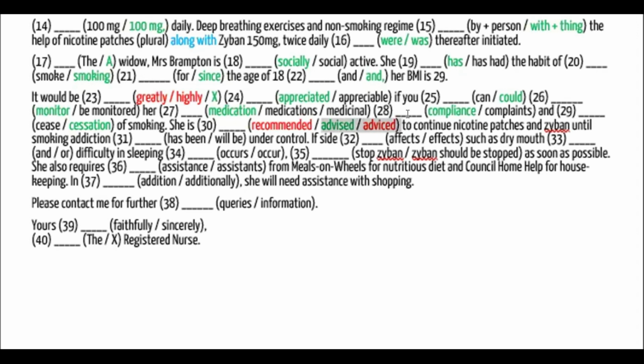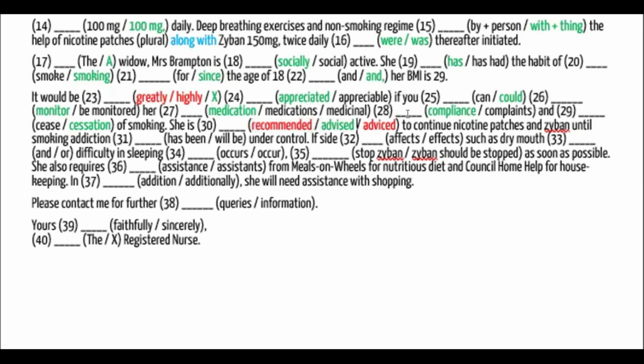And we can never say she is recommended. How can you recommend a person here? Recommendation comes in very rare cases, like when you are planning to get your sister married or your brother married. You can recommend a girl or a boy.